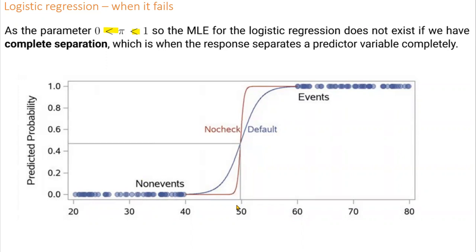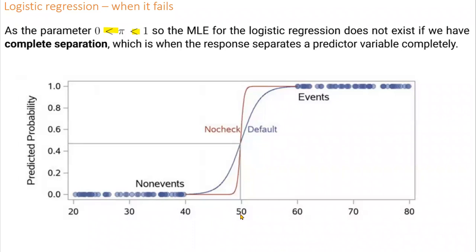If I pick 50, for example, this axis is eta, so when eta is less than 50, we classify y as 0, and if eta is greater than 50, we classify y as 1.